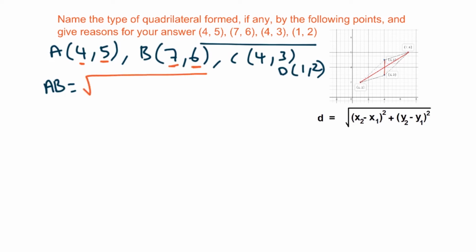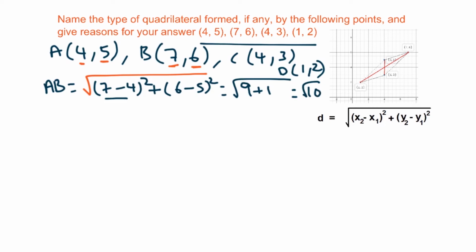So square root of x2 minus x1, which is 7 minus 4 whole square, plus y2 minus y1, which is 6 minus 5 whole square. So 7 minus 4 is 3, 3 square is 9, and 6 minus 5 is 1, 1 square is 1. So that will be square root of 10. So this is the length of side AB.